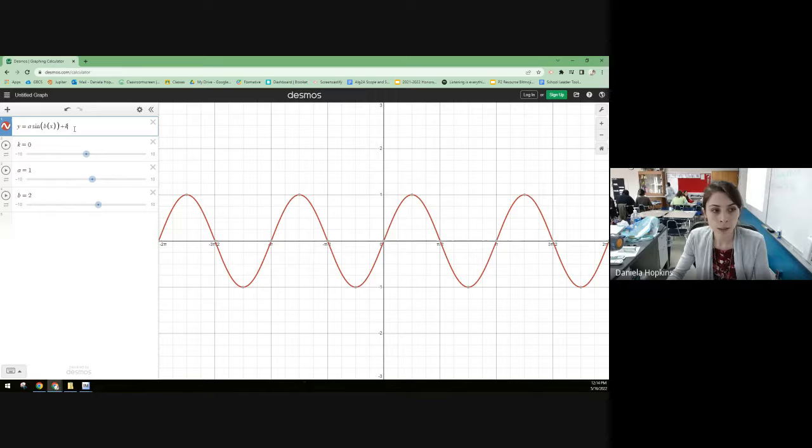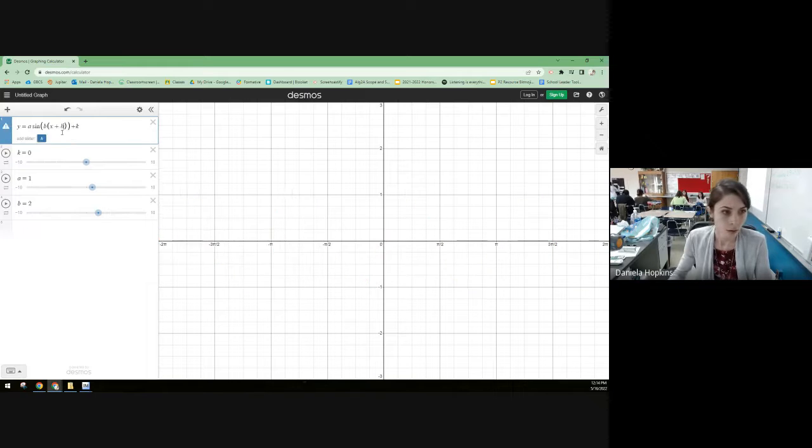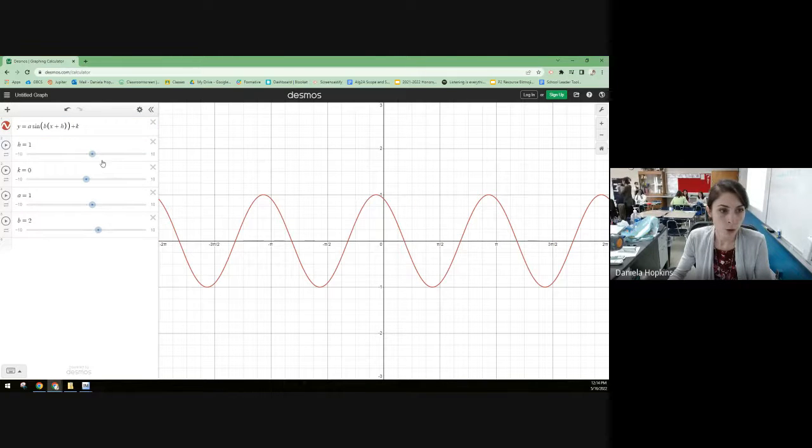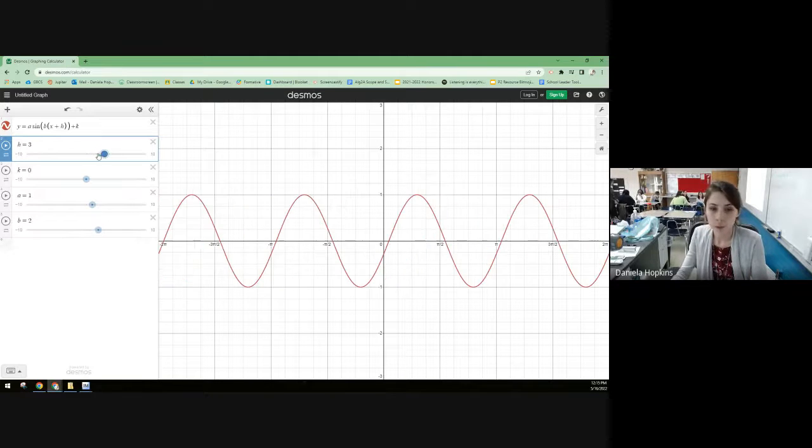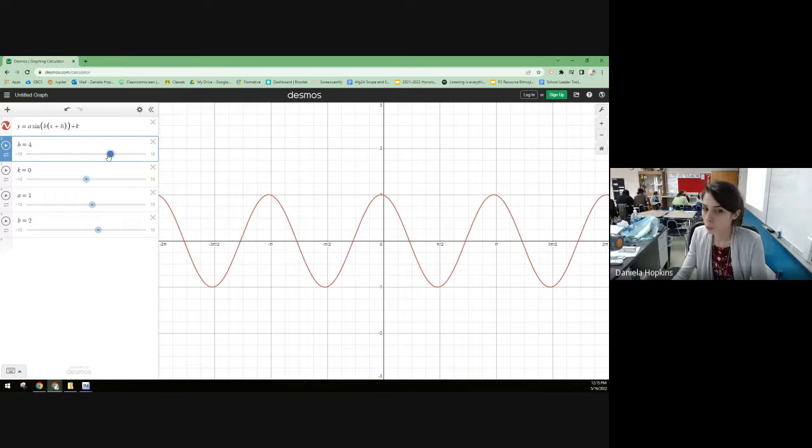And then the trickier shift is our horizontal shift. Our trickier shift is when we're moving left or right, because it actually works backwards to what you think. So if you add 1, it's actually going to move to the left one. And I think most of the time we think right one, but whatever. But it's weird because we are working with a wave.